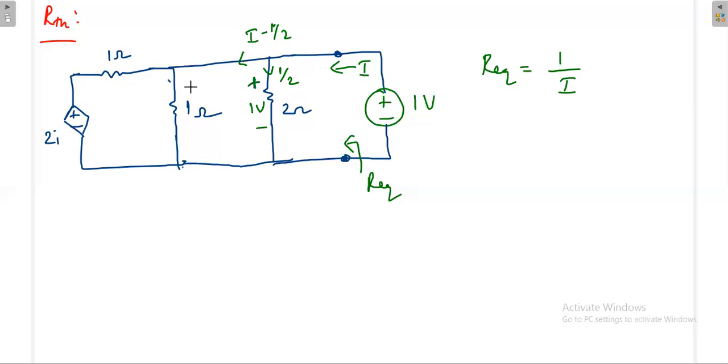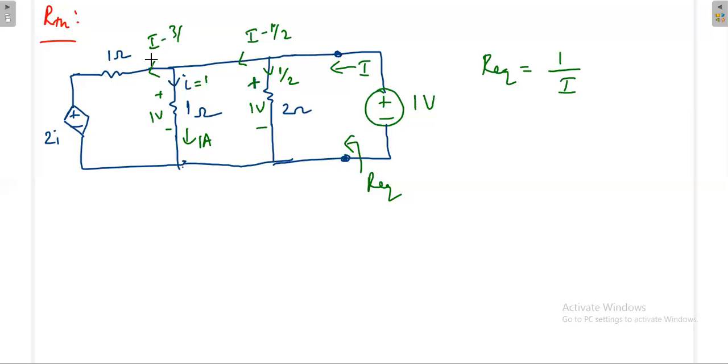If it is i, then this same 1 volt will appear across here also. That means here 1 ampere current will flow. That means your small i is equal to 1. If it is 1, then how much current will flow here? That is I minus 3 by 2.